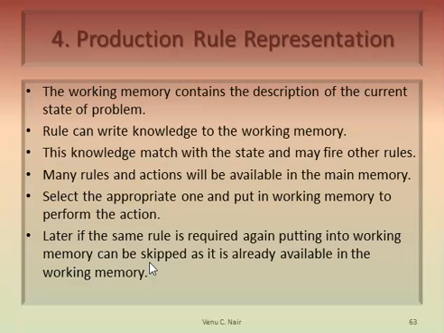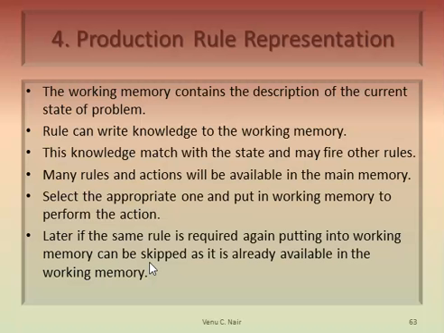In the knowledge base, we may have many rules, and in the working memory, we will have only the required rules. So selection of the appropriate one and putting it in the working memory is the action required.